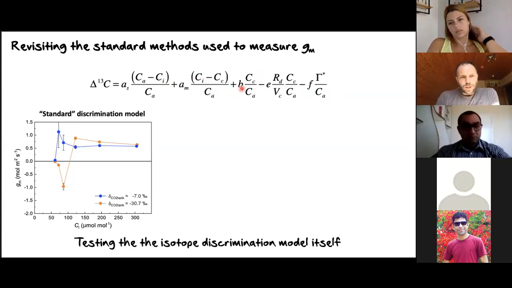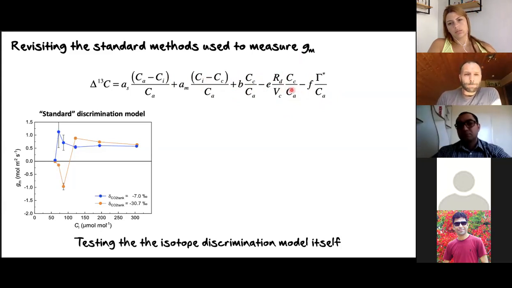But for these parameters, B and E and F, we don't really have a clear idea of what those values are. So depending on what value we plug into this equation, we get a much different value for CC out of that. And that's a problem if you really want to estimate your CC accurately.